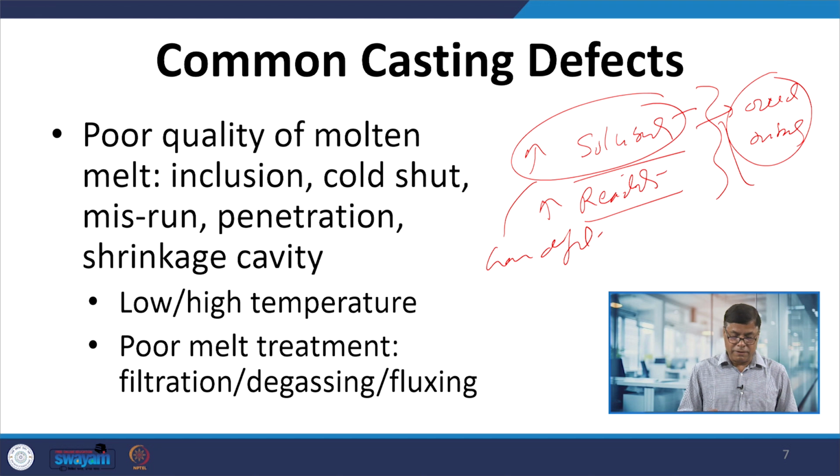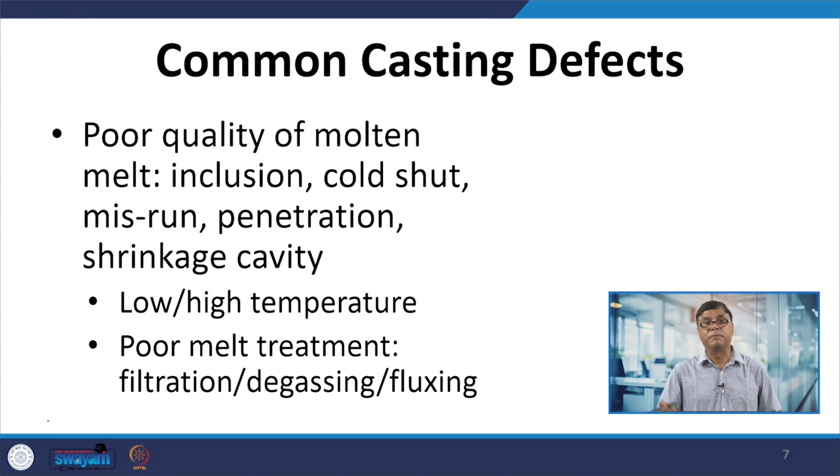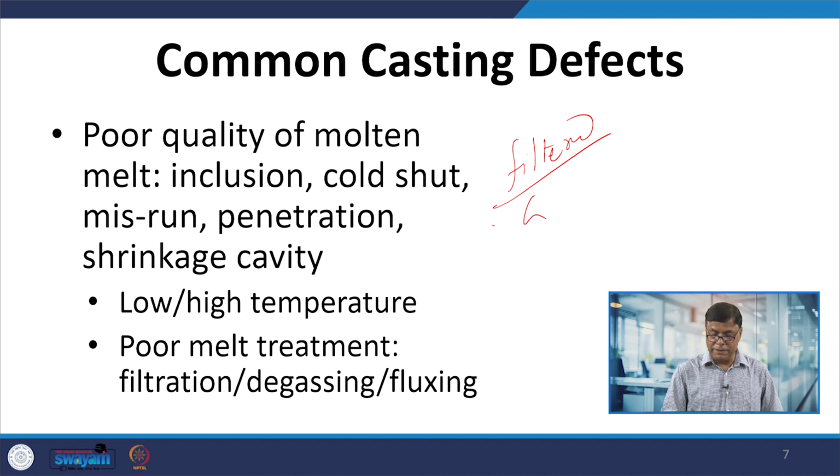Okay. And what is the reason behind all this? Either the molten metal temperature has not been appropriately controlled at the time of pouring, that is one, and the second, the proper melt treatment has not been done, which means the impurities have not been filtered properly. The degassing is not proper, and therefore, a lot of gases are there with the molten metal, and the fluxing is not proper, alloying is not proper.